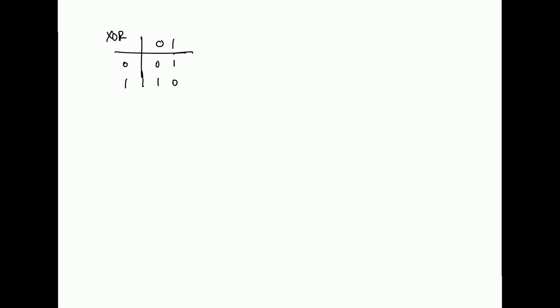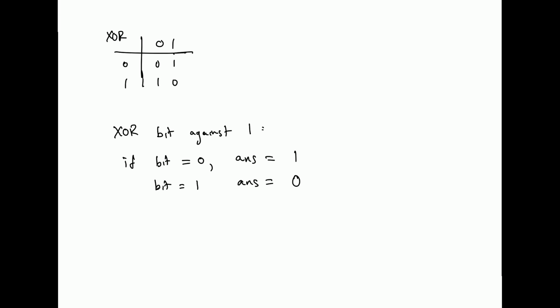So if I XOR a bit against a zero, what is 0 XOR 1? 1. What's 1 XOR 1? 0. That flipped the bit. Yeah?